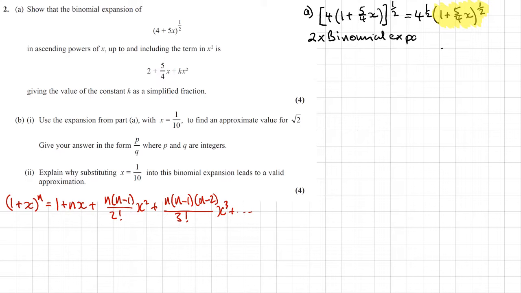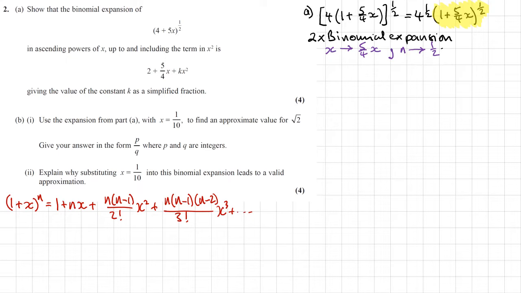When I do my binomial expansion, I'm going to substitute every x in the binomial expansion for 5 over 4x, and I'm going to substitute any n in the binomial expansion for a half. So now the next bit is just substitution into here, and I only want to go up to the x squared term. So basically it's the first three terms here.